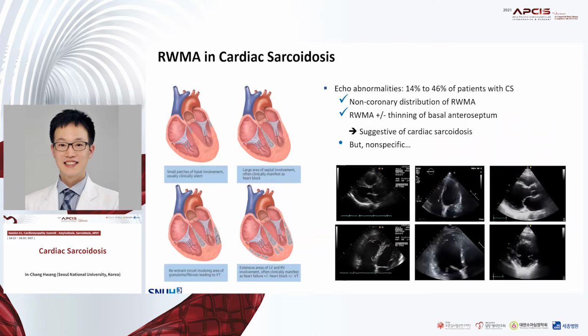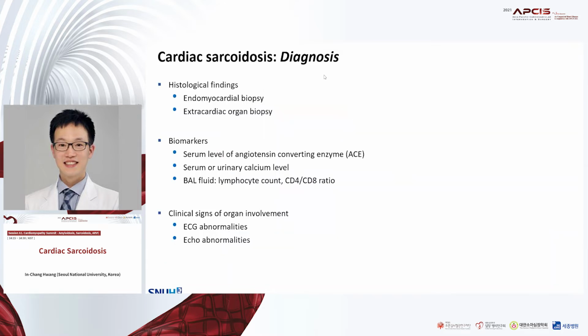Many patients with cardiac sarcoidosis have abnormal echo findings, such as regional wall motion abnormalities of non-coronary distribution or thinning of the basal anterior septum. When you see these findings, cardiac sarcoidosis should be considered as one of the possible diagnoses. But we also know that it's not specific for cardiac sarcoidosis.